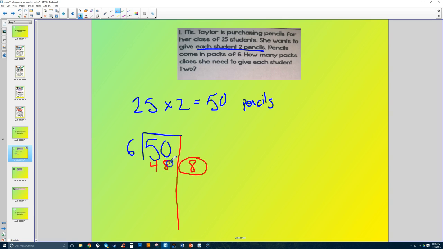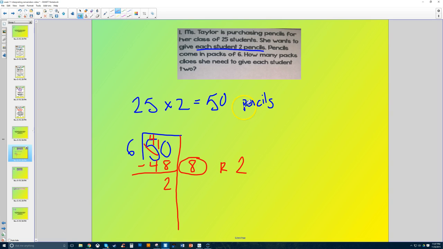So I'm going to put 8 over to the right, and then multiply 6 times 8, which is equal to 48. And I'm going to subtract 50 minus 48. I'm going to have to do some borrowing. And I'm left with a difference of 2. Now I know that this difference of 2 is actually my remainder because the difference is less than my divisor, which is on the outside of my division symbol. So my answer is 8 remainder 2.